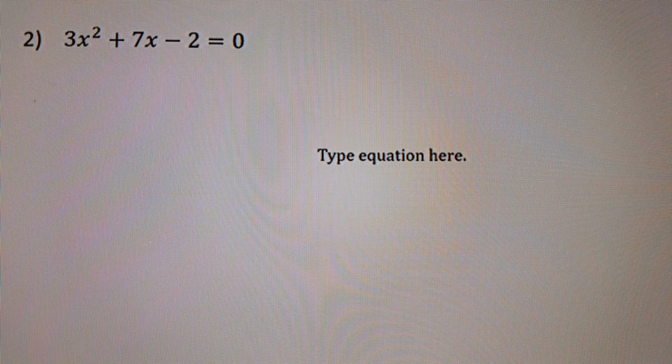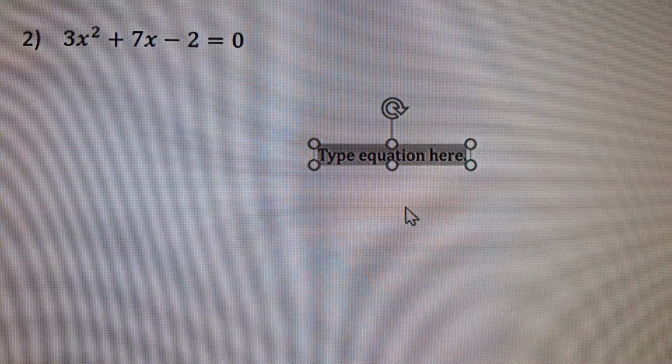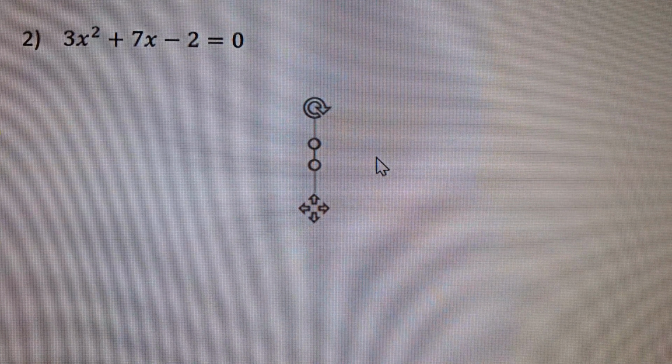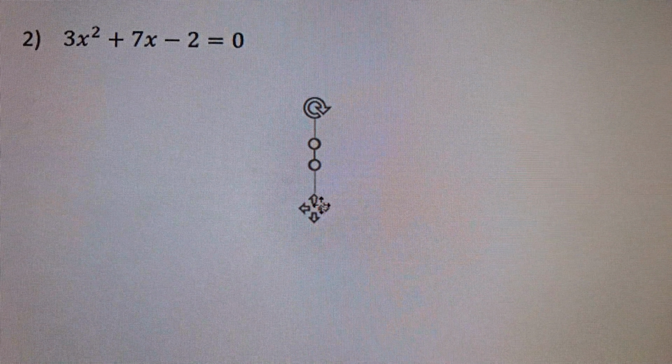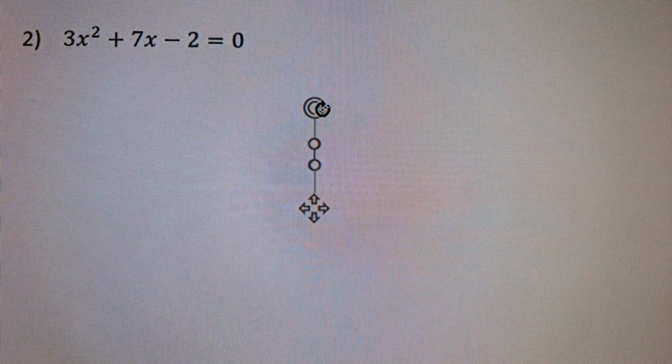The next problem is 3x squared plus 7x minus 2. Well, what would be the first step?